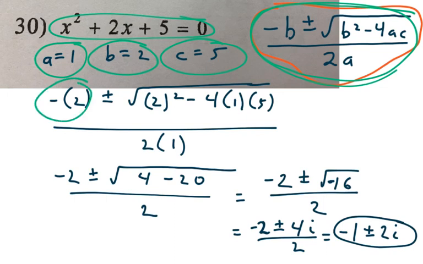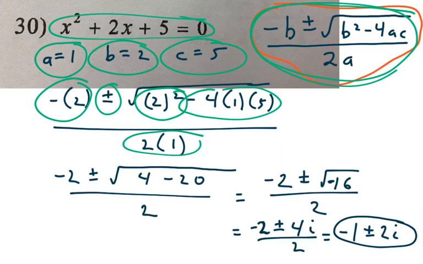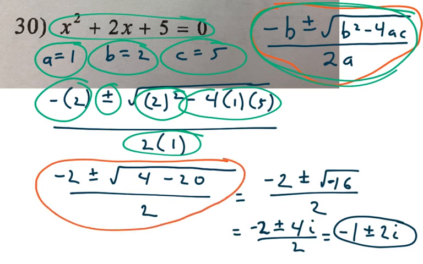Plugging them in, we have a negative b plus or minus square root b squared minus 4ac all over 2a. And as you can see the math, I'm going to change the red here, guys. Follow the red. Down here, you're going to end up with that 4 minus 20 situation again, which leads to the square root of negative 16 again, which gives us a 4i again.